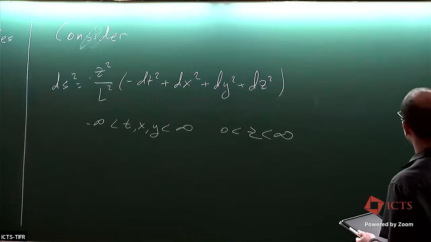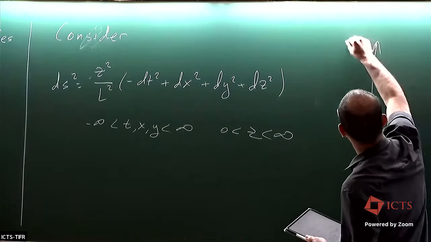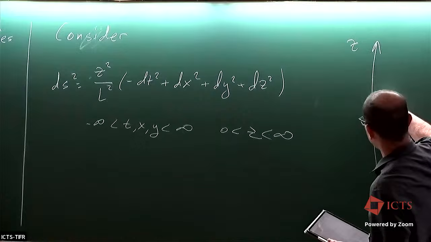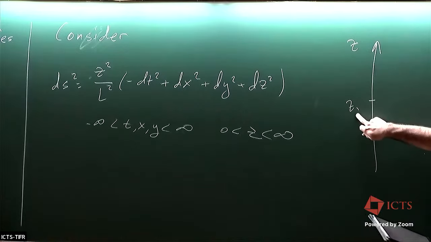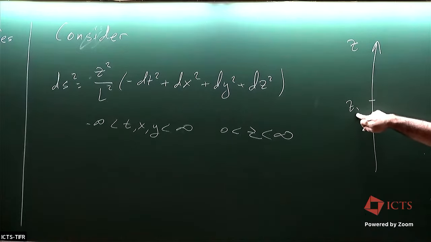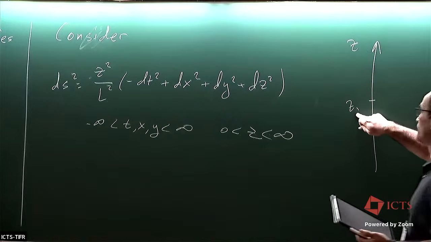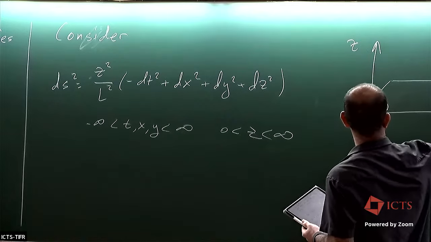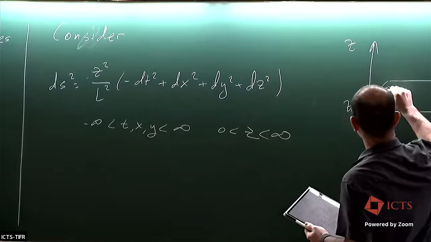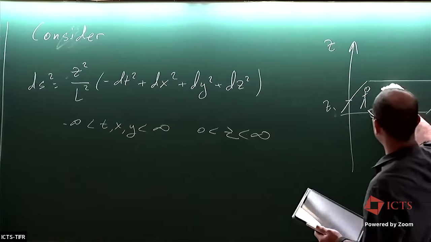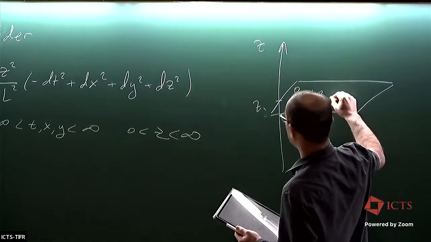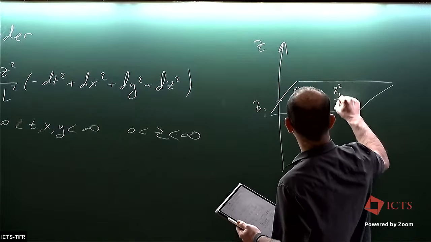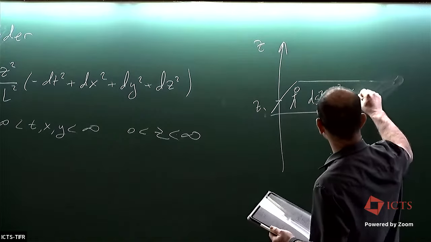So if this is my z-axis and I'm somewhere here at z equals 1, suppose I just freeze my z coordinate at z equals 1. Then what I'll see is a line element which is going to look like this.